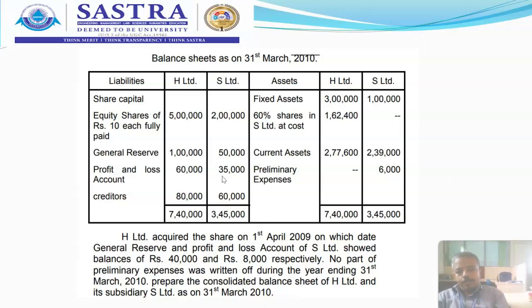So now what do we need to do? Let us proceed to calculate the value of goodwill or capital reserve, whichever may come. For this, the prime part is how much amount was paid, that is, the investment made for 60% of shares in the subsidiary company by H Limited.